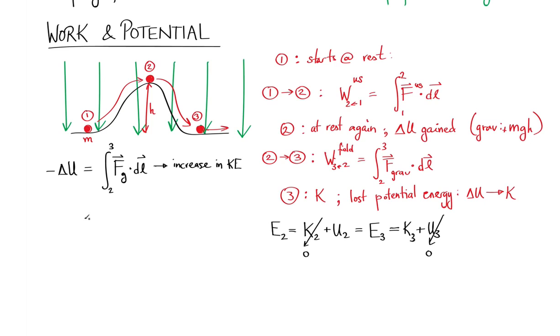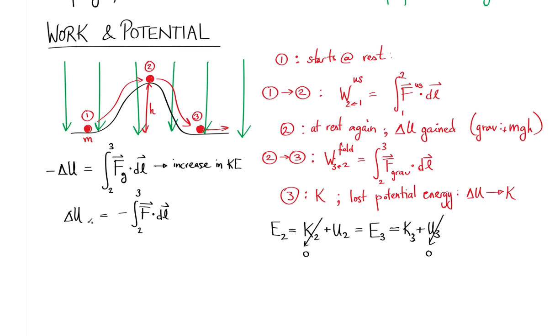So in other words, we have an expression here, which is basically the change in potential energy U is minus, let me just rewrite this here, delta U, in going from 2 to 3. And this is for some generalized force. So this is not now the force of U. It's the force from a field, dl.